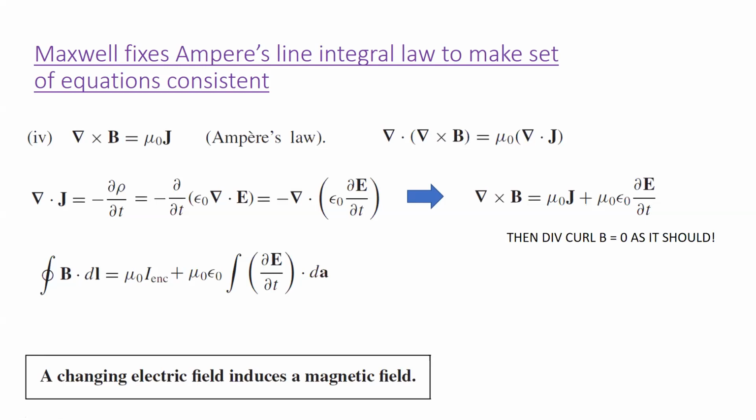We know from Faraday's law that a changing magnetic flux produces an electrical circulation. Now we have a changing electric flux producing a magnetic circulation. So we get a greater symmetry between the electric and magnetic fields.